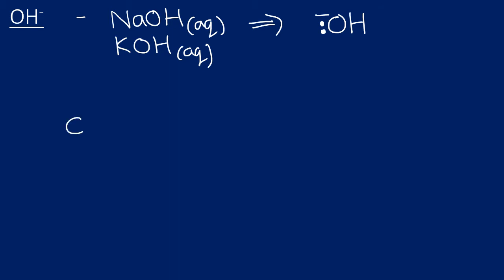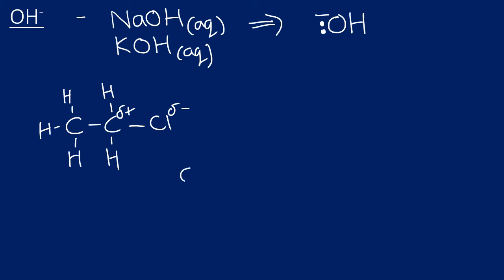So I'm just going to pick a very typical haloalkane, chloroethane. Now this is true for any haloalkane. This could be any haloalkane. I've just picked a simple one to draw on the screen. Now what happens here is the hydroxide nucleophile, that lone pair of electrons, and I'm being very, very specific on where the curly arrow goes.